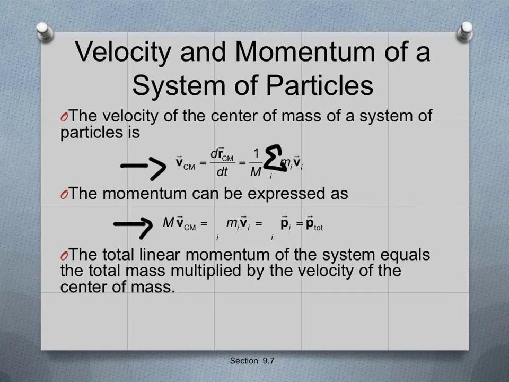And that's going to equal the sum of the masses times those particular velocities of those individual masses. That's also going to equal the sum of the individual momentums, which is just the total momentum. So the total linear momentum of the system is just going to equal the total mass multiplied by the velocity of the center of mass.